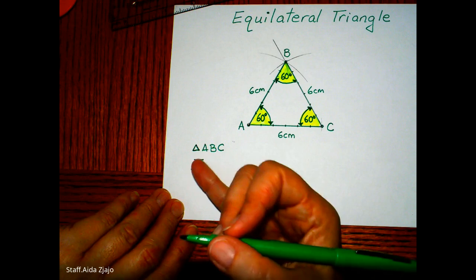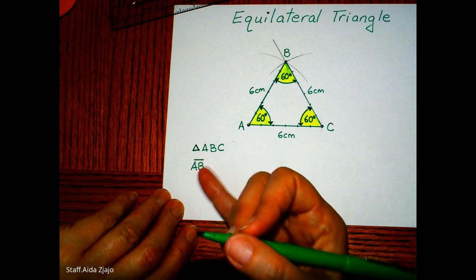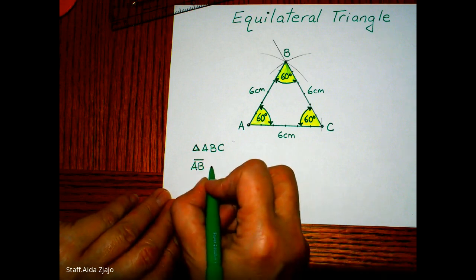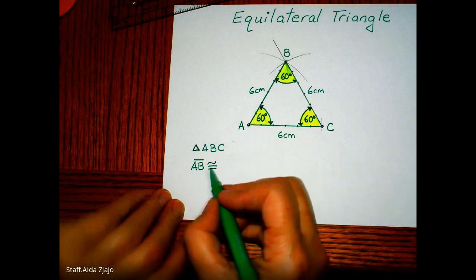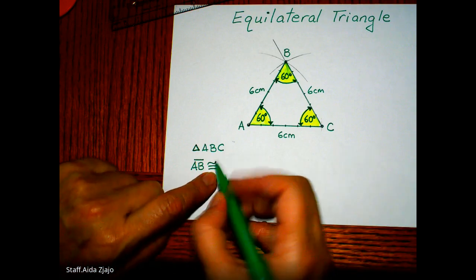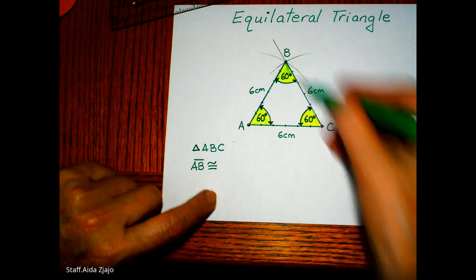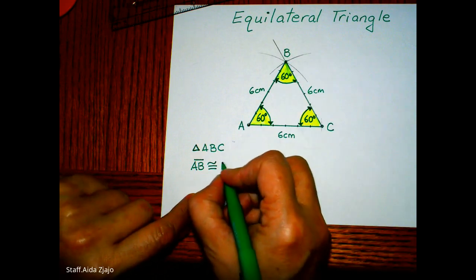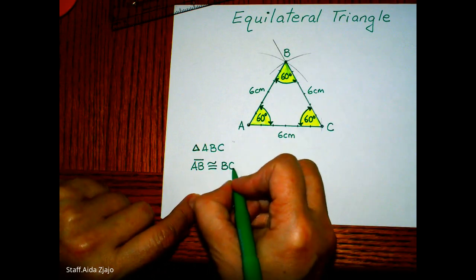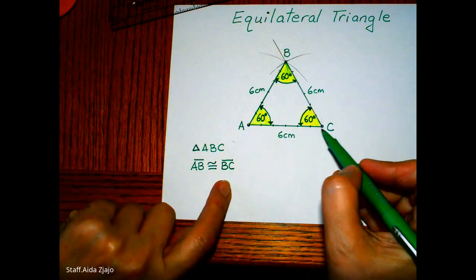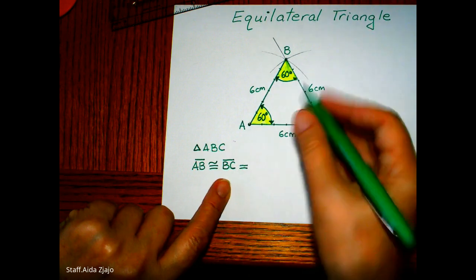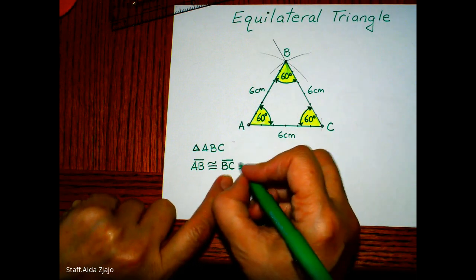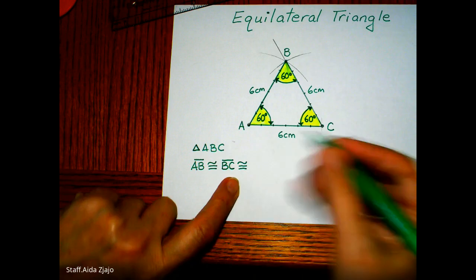This is a line segment. The congruent symbol is an equal sign with a wavy sign on the top. So line segment AB is congruent to line segment BC, and BC is congruent to CA.